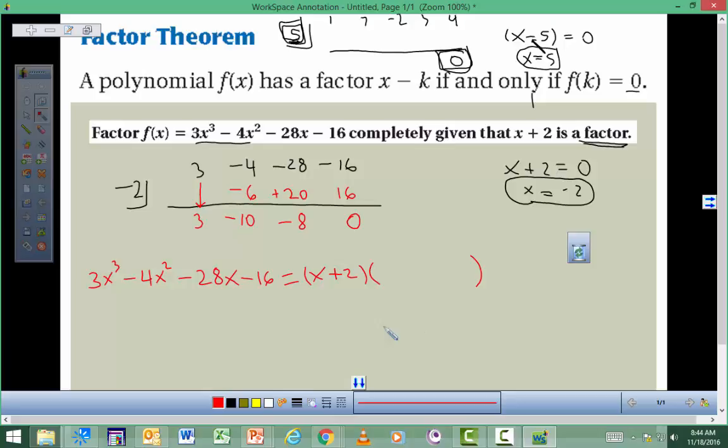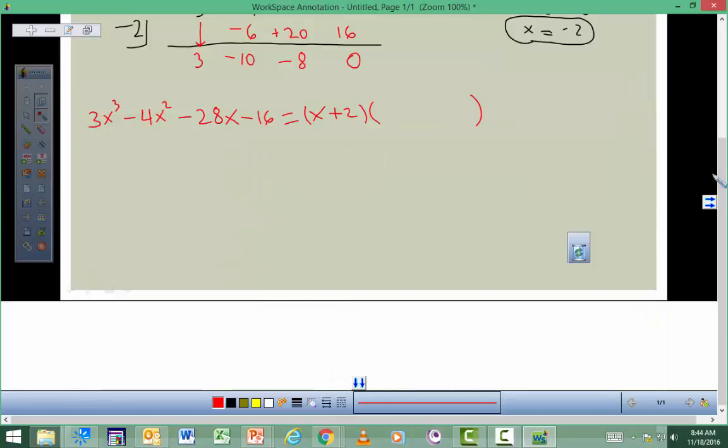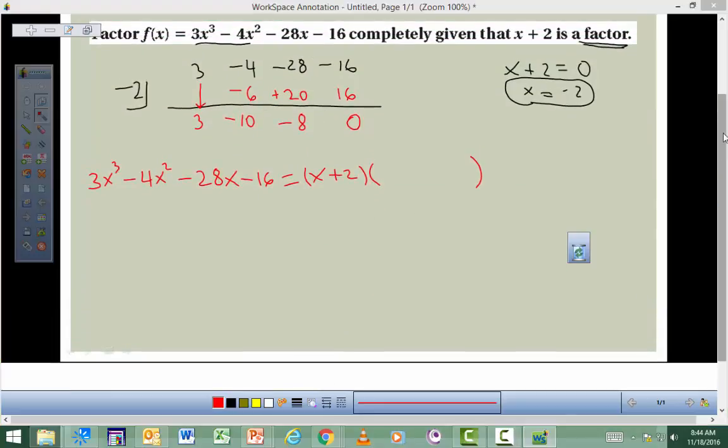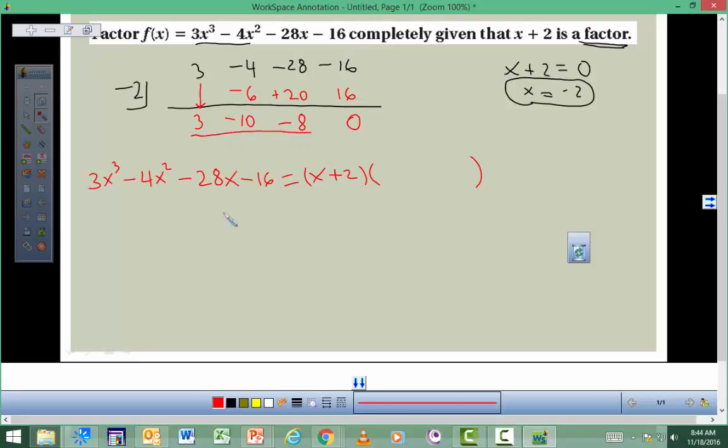Now that something else we are going to want to factor further. So that something else though is right here. So that's where it's helpful if we do the synthetic substitution method that we were doing yesterday. We can find out what the other factor is right now.